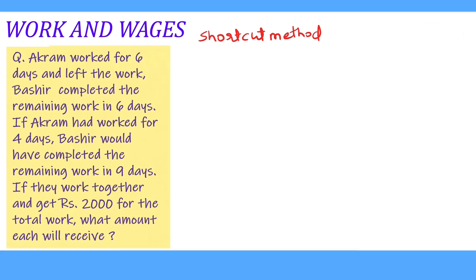Now we solve it by the shortcut method. Akram starts the work and works for 6 days, and then Bashir completes the work in 6 days. This is the first condition. And the second condition: when Akram works for 4 days, then the remaining work is done by Bashir in 9 days.